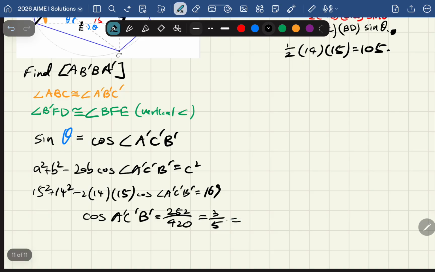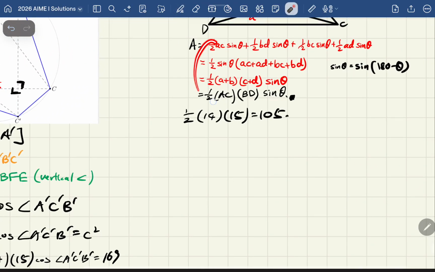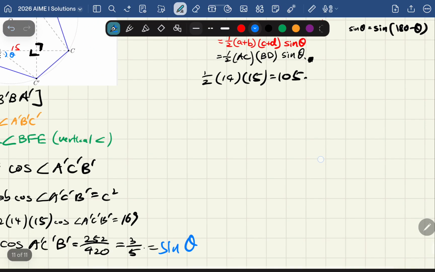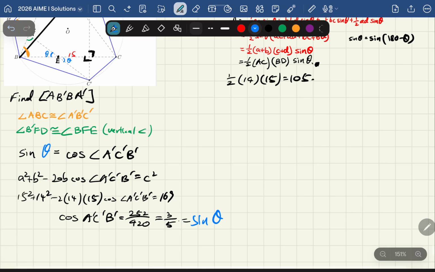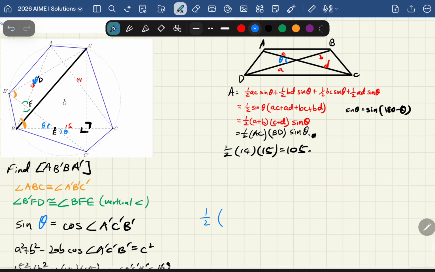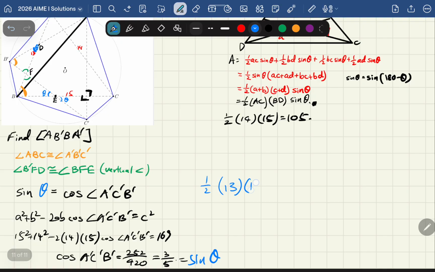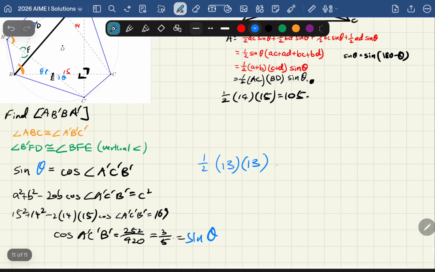And then this was equal to sine of theta, and we can plug this in for the second area. So 1/2 times 13 times 3/5, so 507 over 10, 50.7.